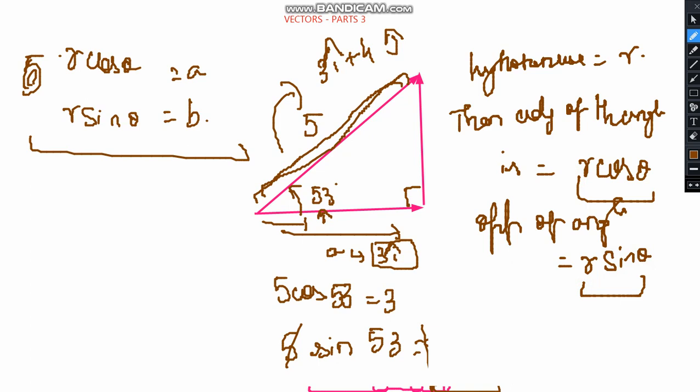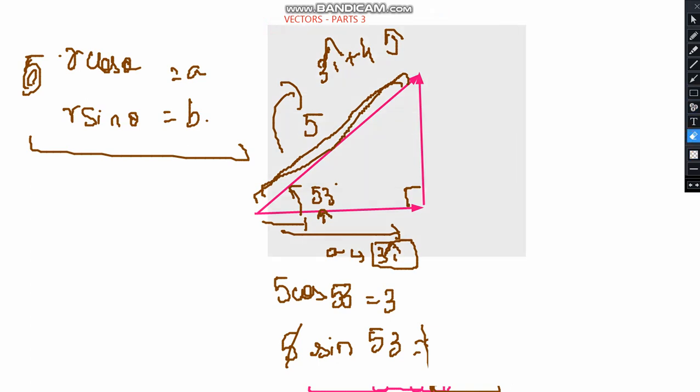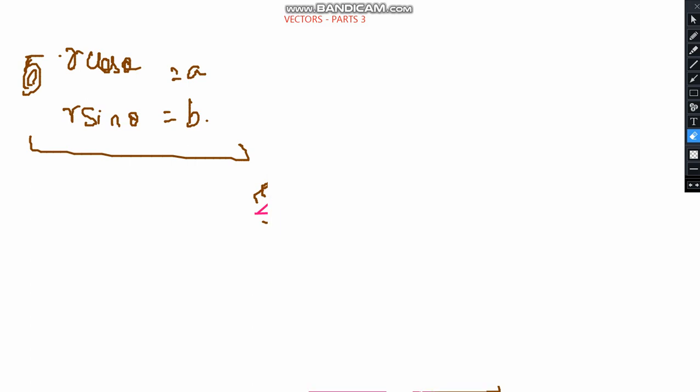Please note all of this down. With this, you can resolve from magnitude angle form to component form. Very useful and a very easy formula. Vectors is a very good chapter. Please try to make use of both of these.